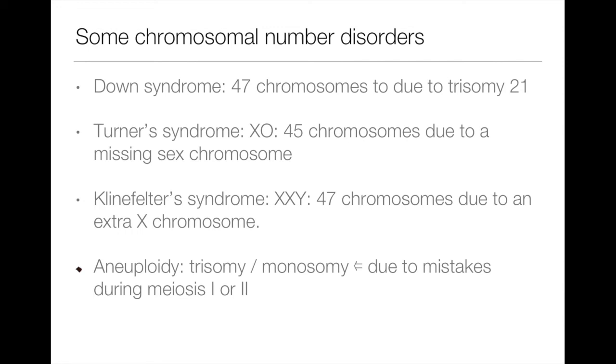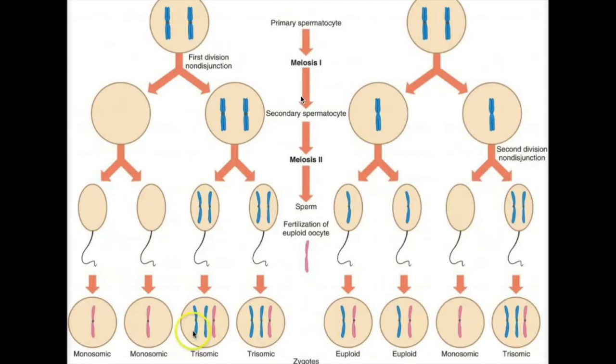Let's see an example. I can have two types of nondisjunction. If we have an error during meiosis 1, and I don't have the separation of the homologous pairs, and therefore I got 2, and if they're connected with another one, what happens?